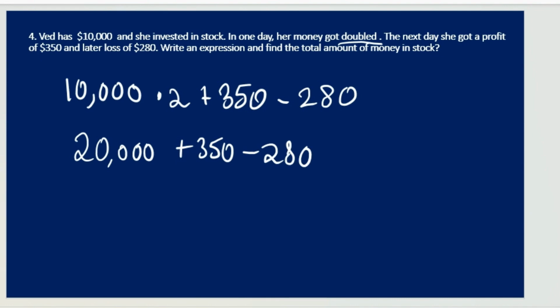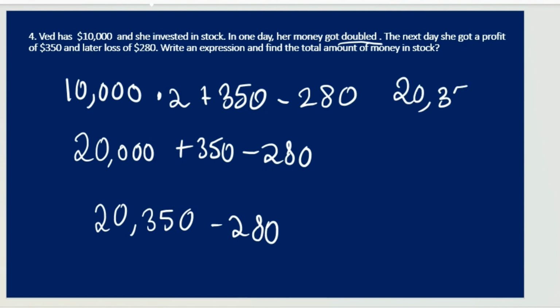Okay, now 20,000 plus 350 is? 20,350. Okay, now I need to do 20,350 minus 280. So 0 there, and then 5 minus 8. We can't do that, so we gotta borrow. So 15.